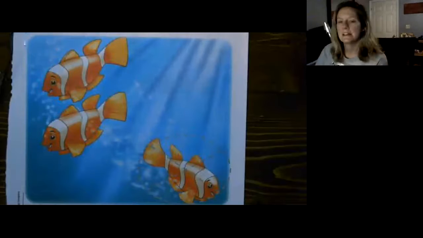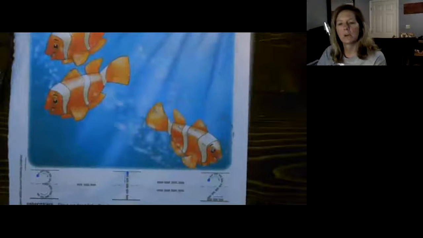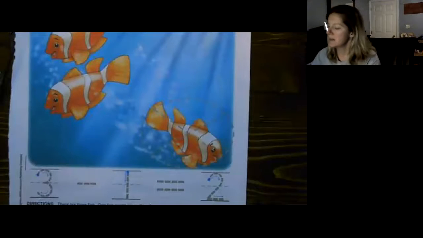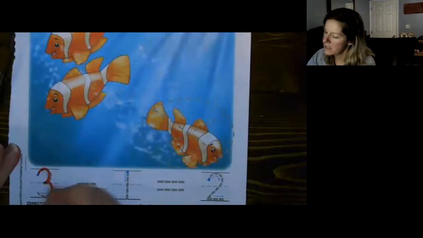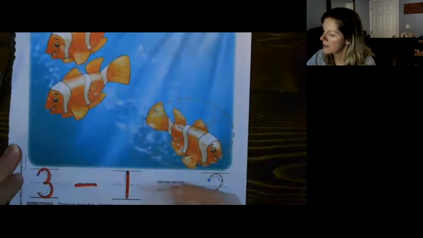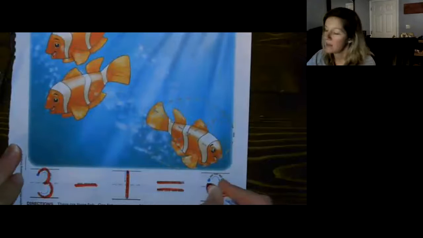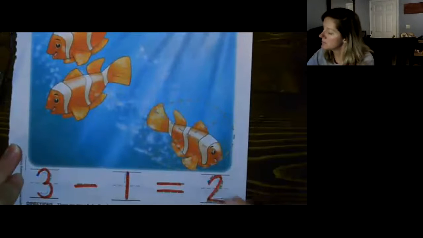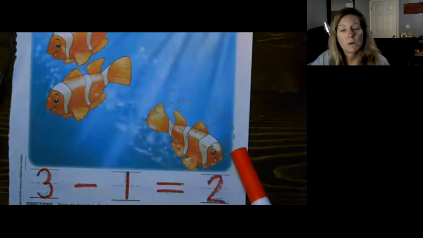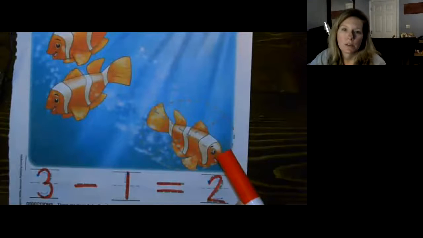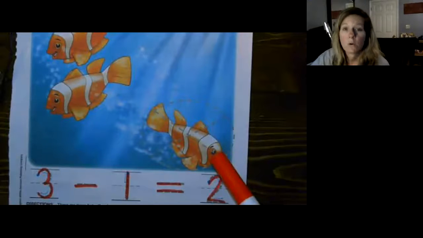All righty, so our problem down here, let's go ahead and read this math sentence. 3 minus 1 equals how many? 2. So what I like to do is I like to mark an X on the one we're taking away and draw a circle around the ones that are left over, or how many remain.